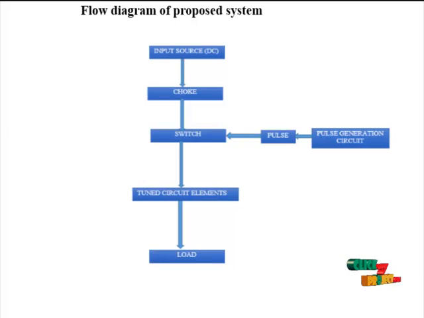Next, that switch is connected with the tuned circuit elements. Tuned circuit elements contain passive elements: resistors, capacitors, inductors. Tuned circuit elements are nothing but the resistor, inductor, and capacitor specially connected. That is called a single tuned circuit. Many communication applications use tuned circuits.